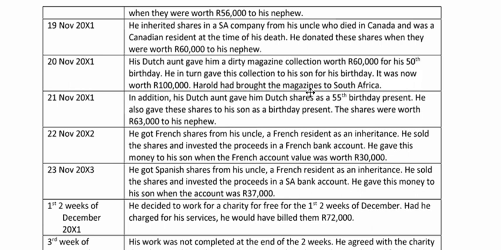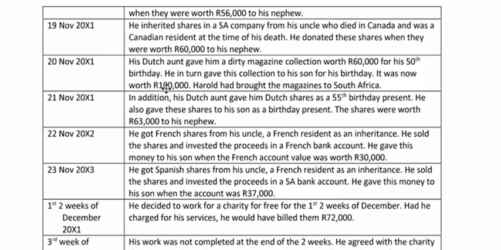Carrying on. It says his Dutch aunt gave him a dirty magazine collection worth 60,000 for his 50th birthday. He in turn gave this collection to his son for his birthday. It was now worth 100. Harold had brought the magazines to South Africa. So he did get it from a non-resident, but the assets are now located in South Africa.